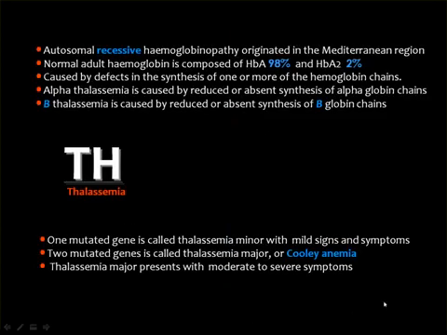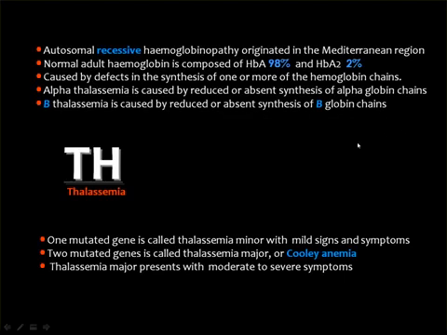Starting with thalassemia, this is an autosomal recessive disease which originated in the Mediterranean area. It is well known that the adult hemoglobin is composed of hemoglobin A, which represents about 98%, and the hemoglobin A2, which represents about 2%. The thalassemia is caused by a defect in the synthesis of one or more of the hemoglobin chains.